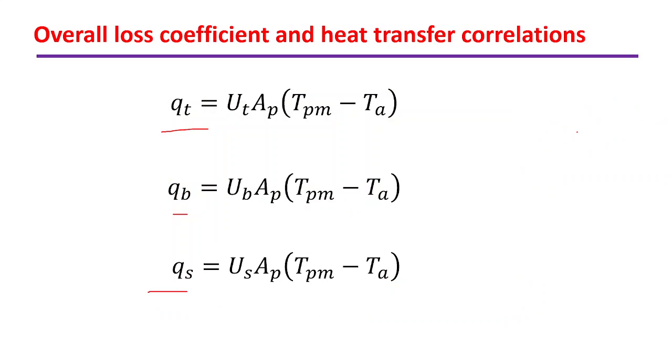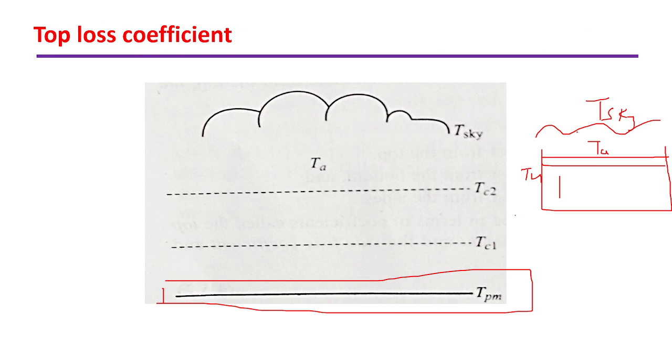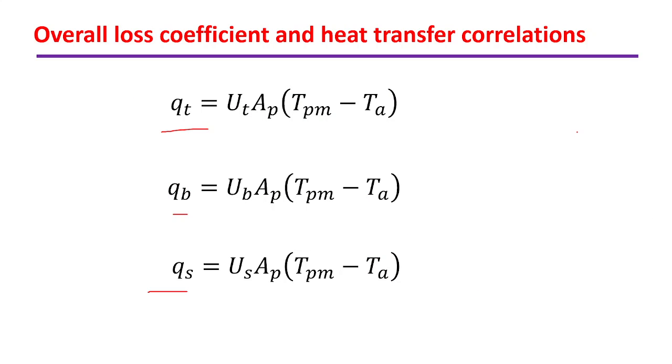To calculate the QT, first we have to calculate the UT, the top loss coefficient. Then based on the UT we will be able to calculate the QT.